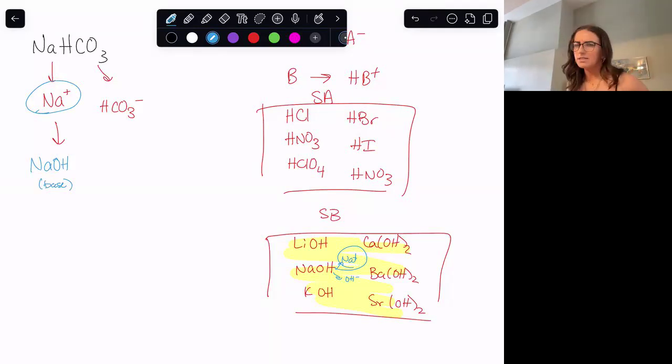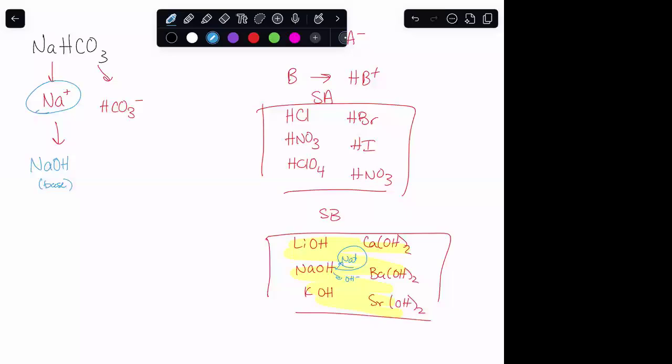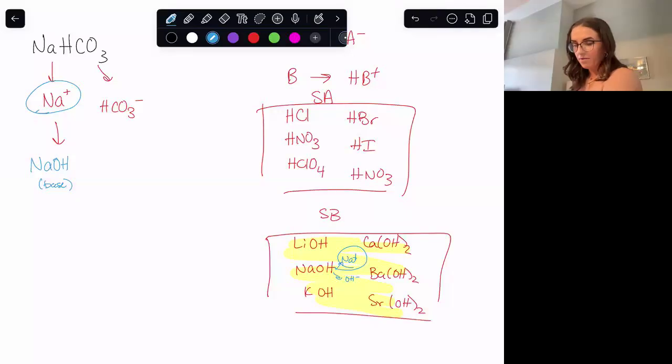Does that make sense? Okay. So we have the NaOH. If we had Cl minus, then that would have come from HCl in terms of an acid, okay? When we look at our HCO3 minus now, is that one of the ions that we see in our strong acids?